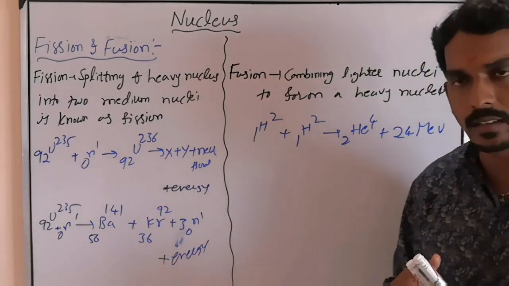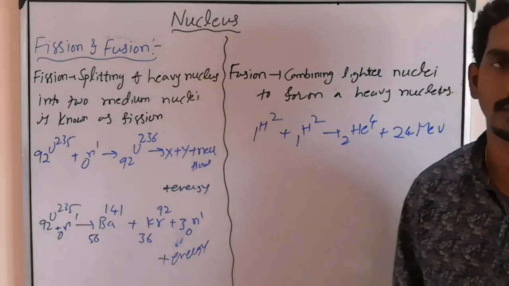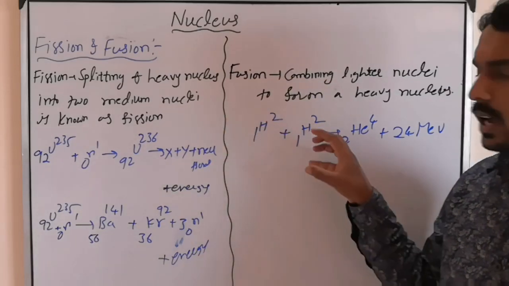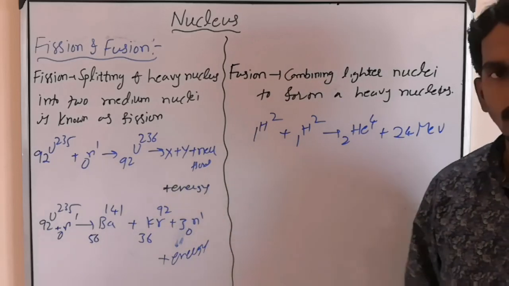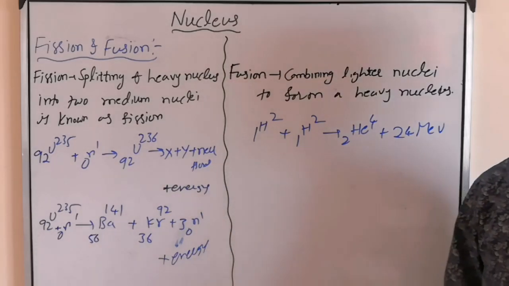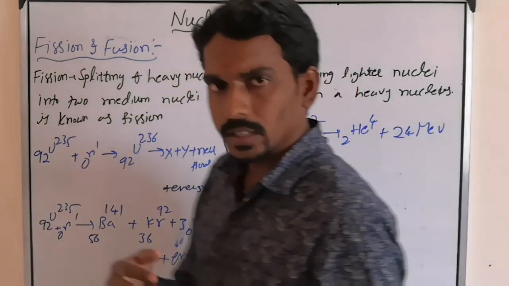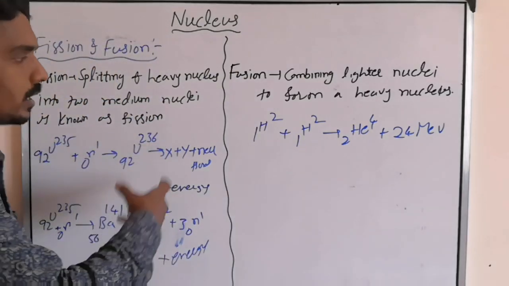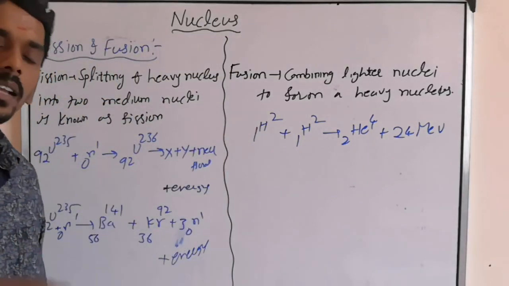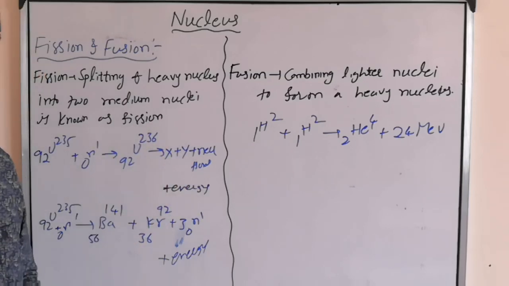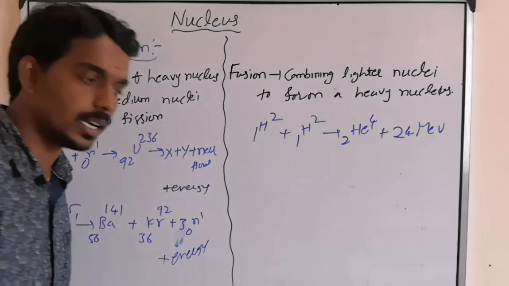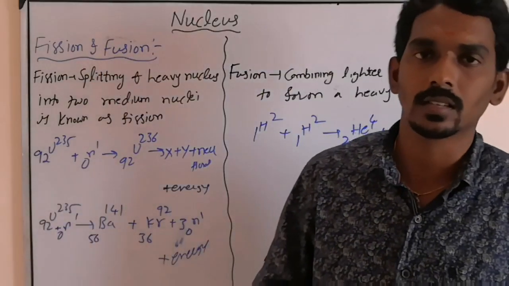Fusion is combining, fission is division. Just understand the definitions and remember these two reactions, so that if they ask you a few questions related to these two based on binding energy, you can answer. That's why I am giving the idea. What kind of questions they will ask, we will discuss in the coming session.